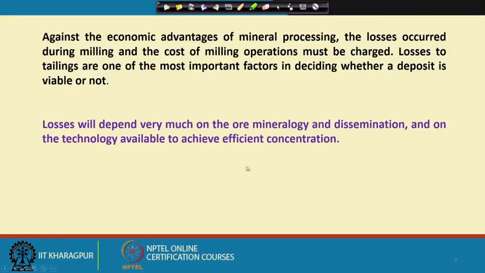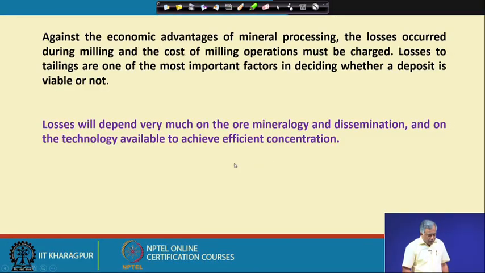What are the individual grain sizes? So, the losses will depend very much on the ore mineralogy and dissemination, and on the technology available to achieve efficient concentration. This is a very important point. What is the availability of the technology?